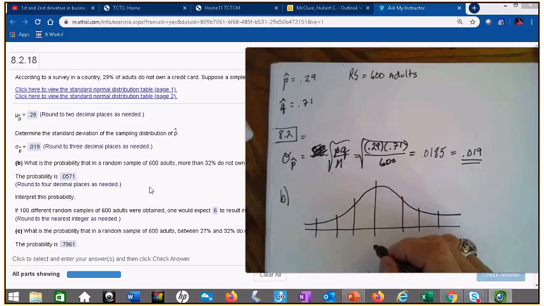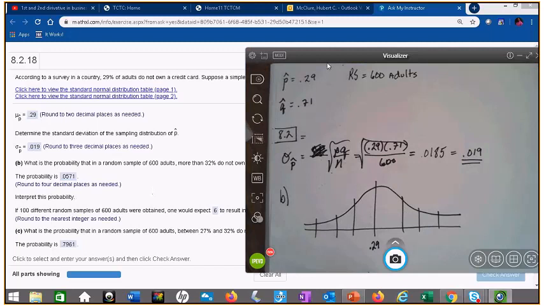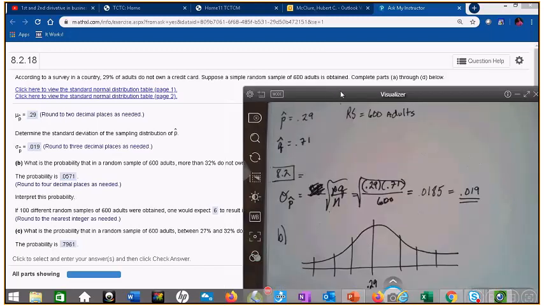Okay, so I'm going to draw a picture. And my mean, did they give us a mean? Yeah, the 0.29. And our standard deviation, did they give us a standard deviation? I don't think we did. So we've got to use the 0.019. I'm going to say 2 cents instead of 0.019 because I'm not going to try to do that in my head.